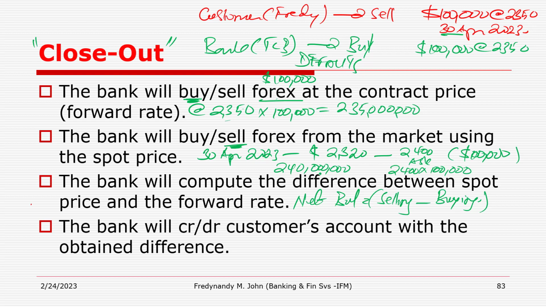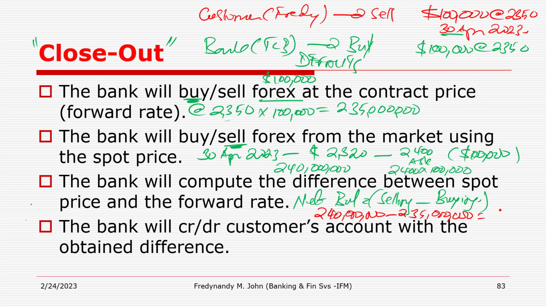Right? Now, to get the net balance, all I have to do now, the bank will take selling, which is 240 million, minus buying, which is 235 million.